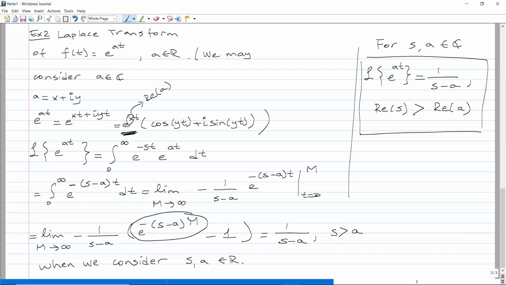So cosine and sine are bounded functions. The limit of such a thing is going to be 0 when the limit of the exponential piece is 0, because cosine and sine are bounded. So it is enough to consider real parts. When real parts are negative, so real part of s is greater than real part of a, the limit of this exponential piece is going to be 0, and the Laplace transform of e to the at is the function 1 over s minus a. And here you can consider s and a to be real or complex.